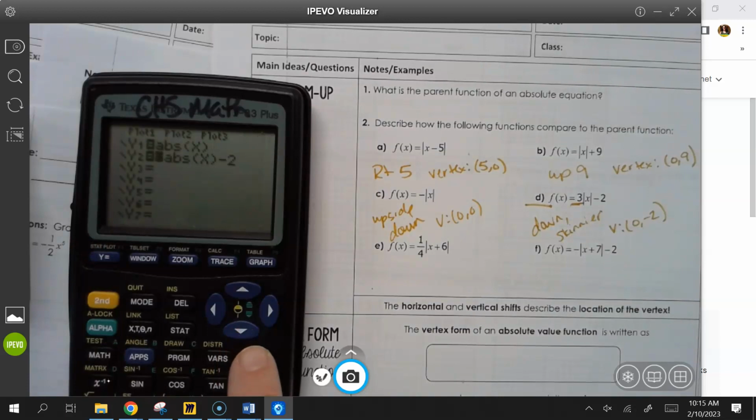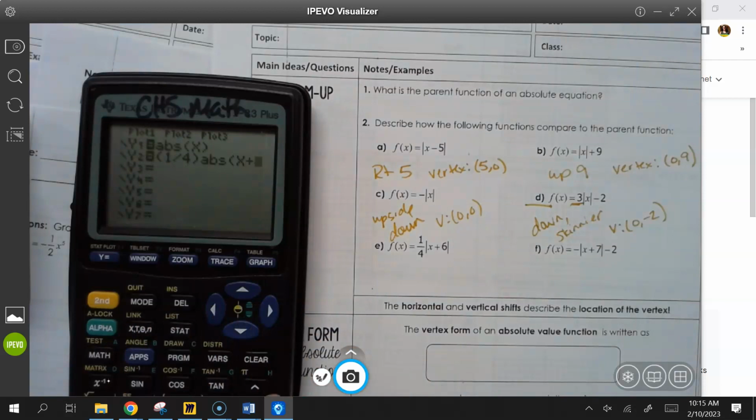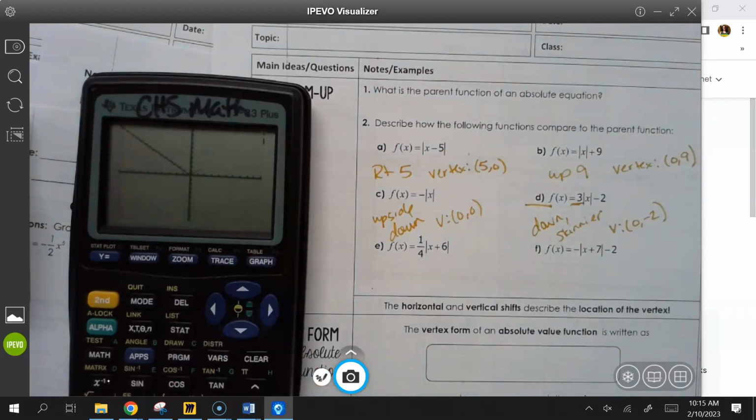1/4. Now remember, if you're any type of fraction, make sure you're in parentheses. So parentheses 1 divided by 4. What'd you find?